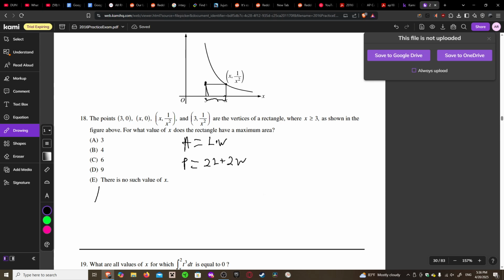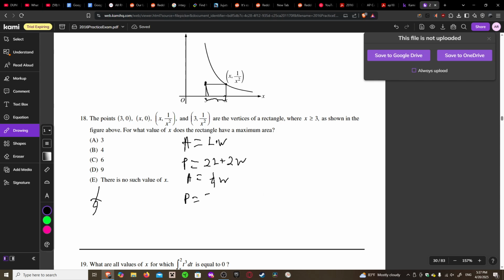So that's 1 over 9. So A equals 1 over 9 W. Therefore, I can plug it into here.